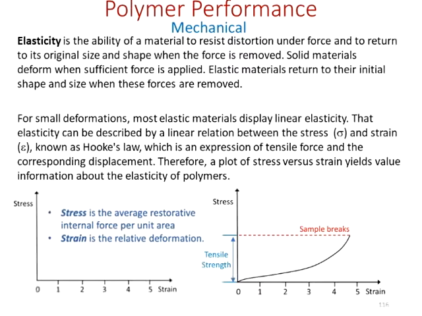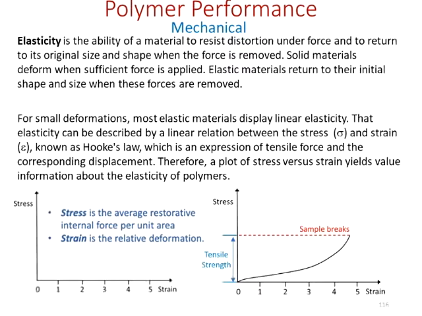Okay, which is an expression of tensile force and the corresponding displacement. So we have the tensile force and what the displacement of that is. Okay. Therefore, a plot of stress versus strain yields valuable information about the elasticity of the polymers.